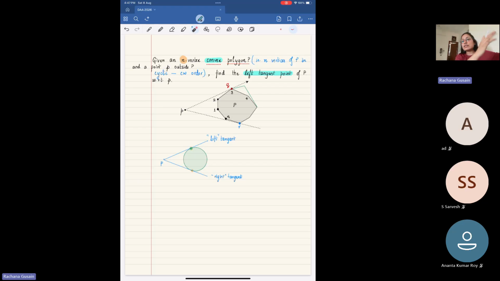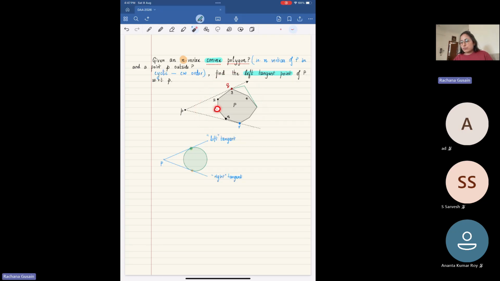If the query point is larger than C, we ignore the left half and search in the right half, and then repeat this process. So in every iteration, we get rid of one half of the input space, and therefore we can search for the element in log n time, because in every iteration the search space reduces by a factor of 2. So now we want to do a similar thing here, right?